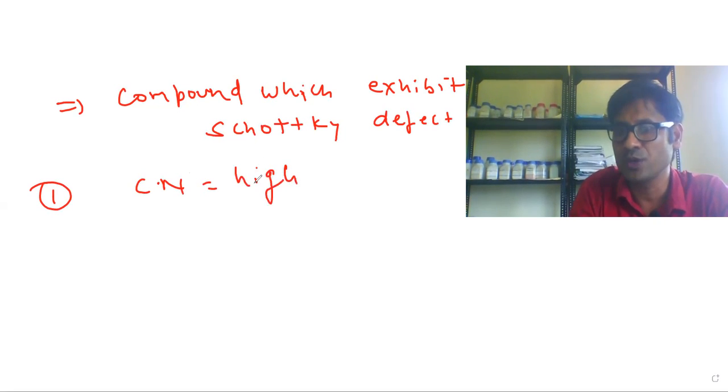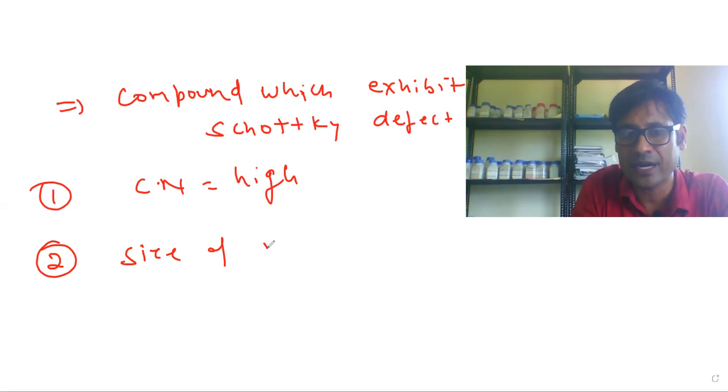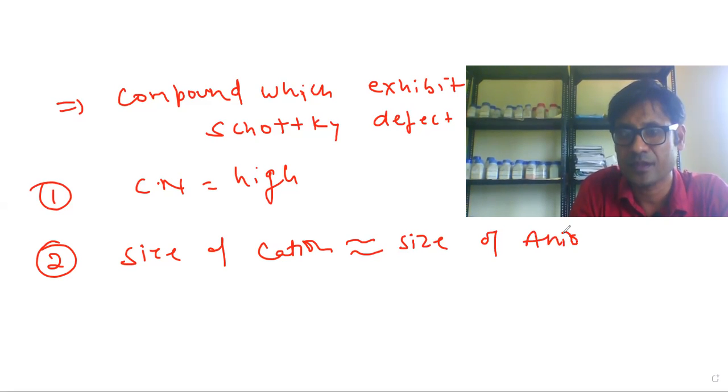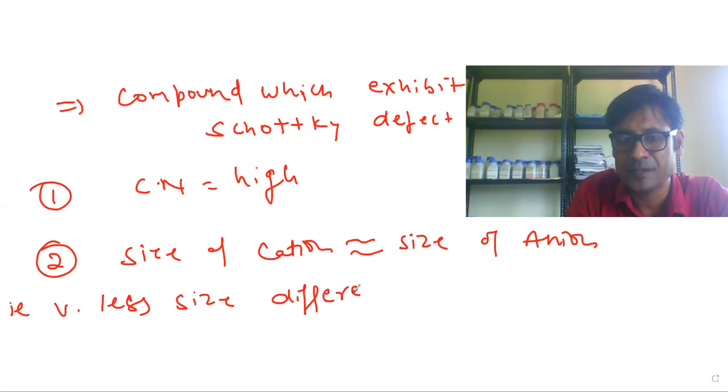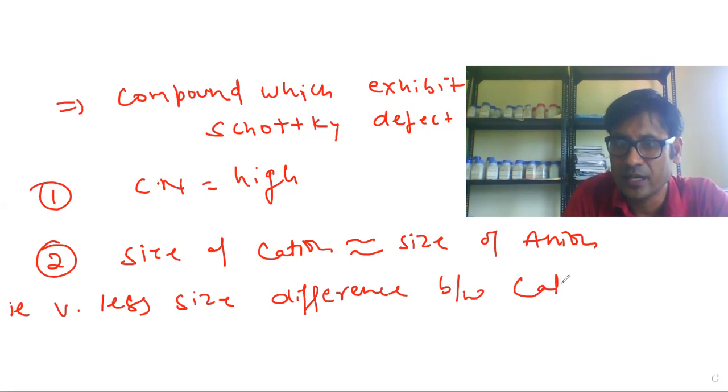And second, the size of the cation is approximately equal to the size of the anion, meaning there is very little size difference between cation and anion.